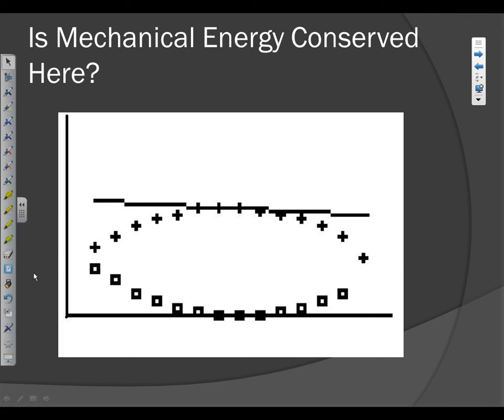So the kinetic energy is going to go down and then come back up. But the potential energy, as the ball goes higher into the air, sorry, I should do this. There's my ball. Threw it up in the air, and then it came back down like this, right? Okay?